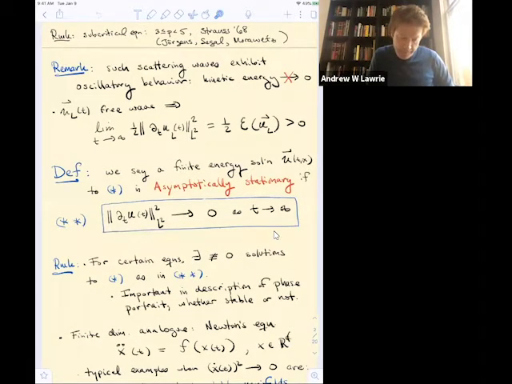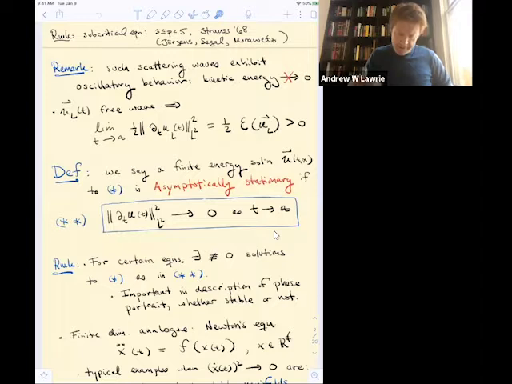So if you have a solution to the free wave equation, its kinetic energy, which is the L2 norm of the time derivative of u, asymptotically takes up half of the total energy of the wave. So if my nonlinear wave looks like a free wave, and this free wave is oscillatory, so is the nonlinear wave. So scattering solutions are oscillatory.